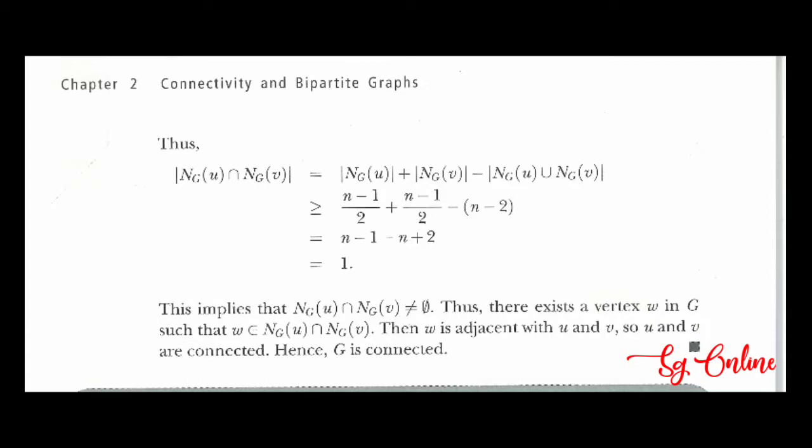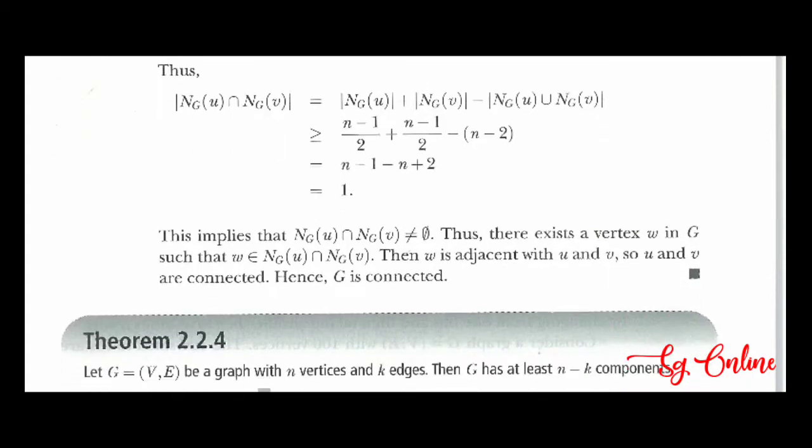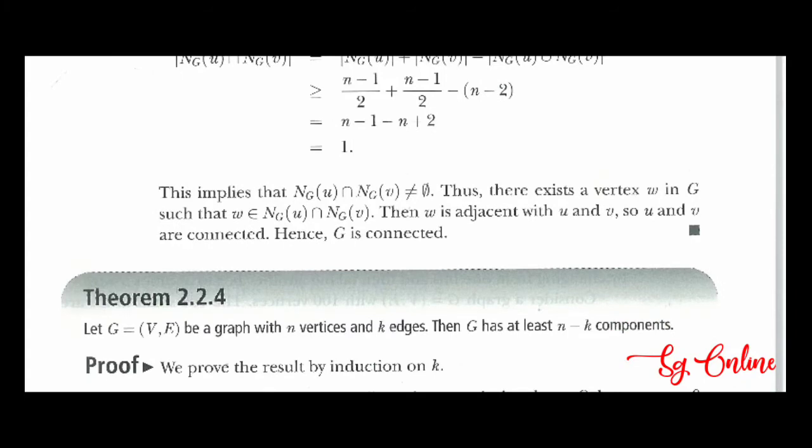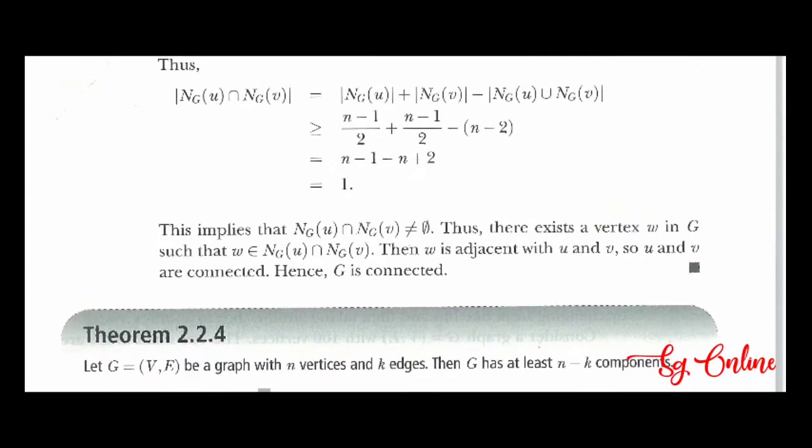So suppose the common neighbor is w. You have an edge from u to w, and an edge from w to v, so you have a path from u to v. And in this way you can join any two vertices of the graph by a path, and so by definition the graph becomes connected.